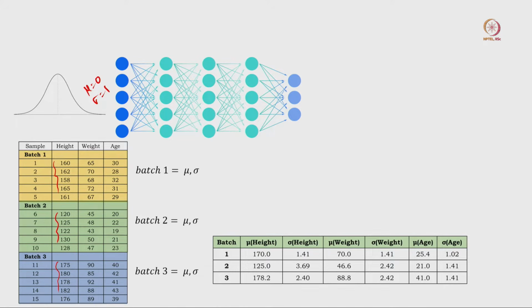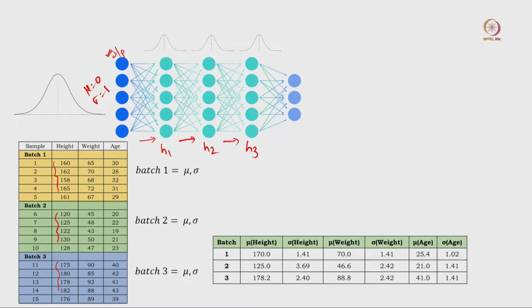Now, is input passed only here? No, right? Input is coming to the first hidden layer, the second hidden layer, and the third hidden layer also. So why do normalization only at the input? Can we do normalization at every layer where input is being passed?